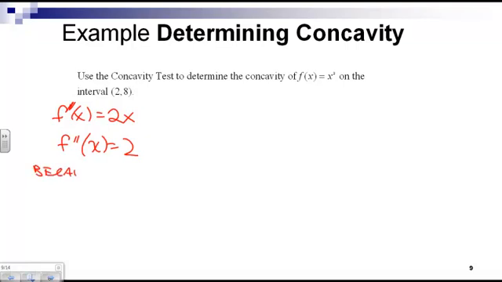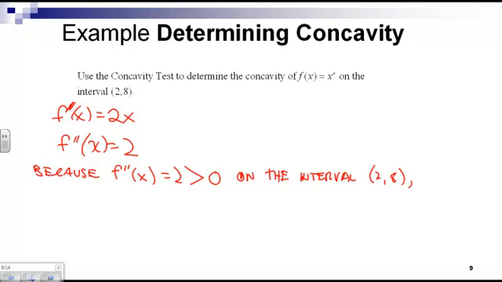Because f double prime of x is equal to 2, which is greater than 0 on the interval 2 to 8, f is concave up.